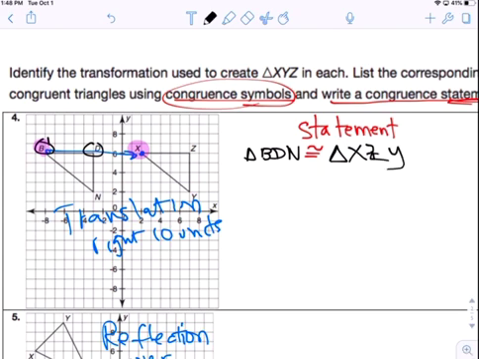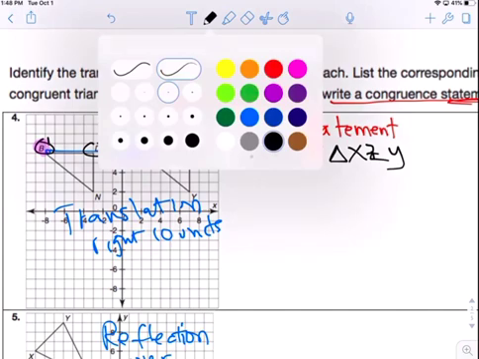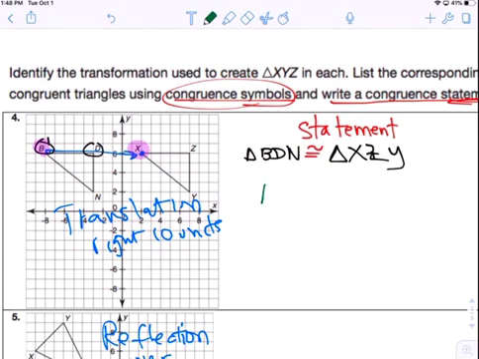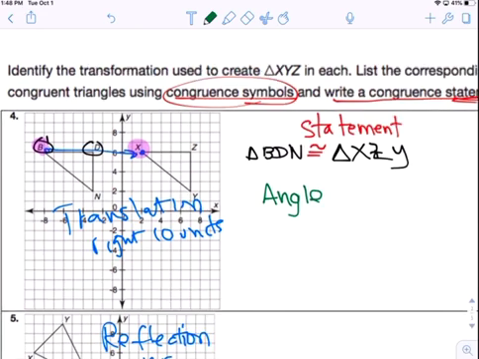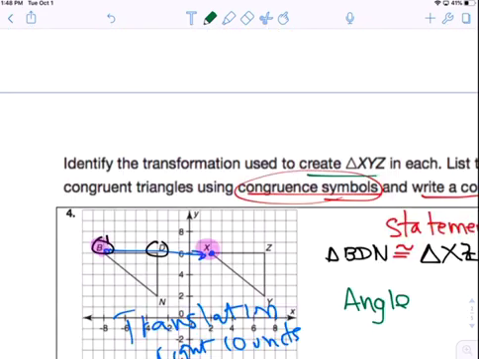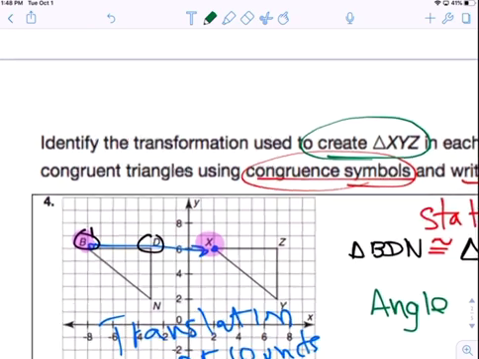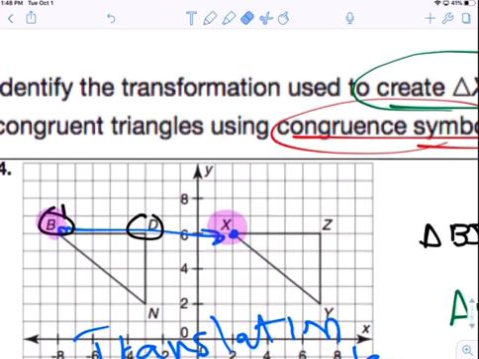Okay, the next is we need to do angles. Let's look at the preimage, where we create X, Y, and Z. That's the image, so the preimage is this one.